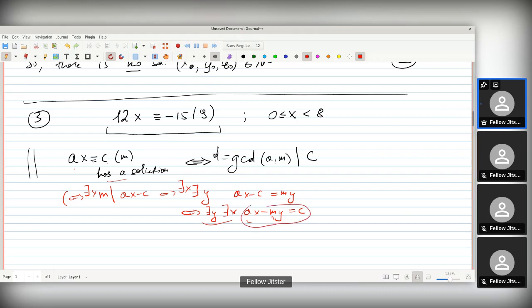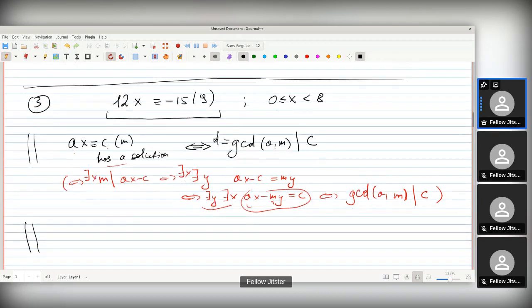But we know that it has a solution if and only if the greatest common divisor of its coefficients divides c. The sign means nothing here, so it doesn't matter whether you have negatives or positives, what you feed to the greatest common divisor. Is this idea clear? Yeah.